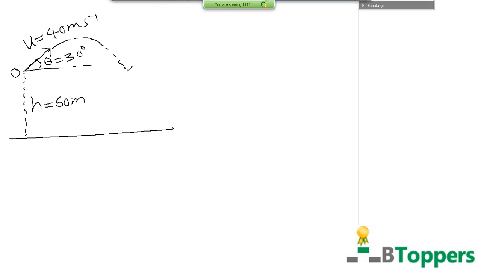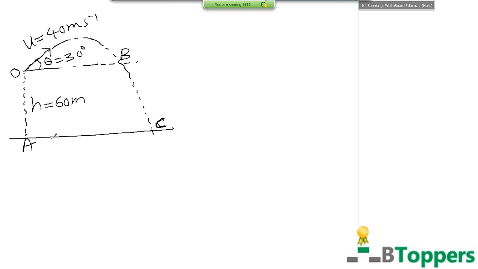Of course, it moves in a parabolic path. So you are asked to find the speed of the body just before it strikes the ground. That is the first part of the question. In the second part of the question, you are asked to find the time taken to reach the ground.